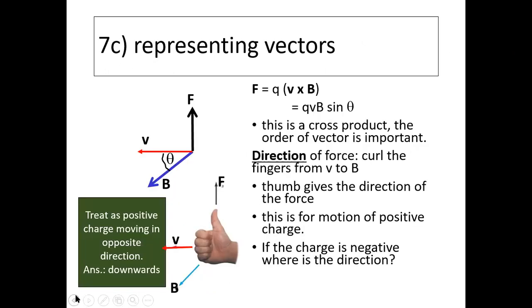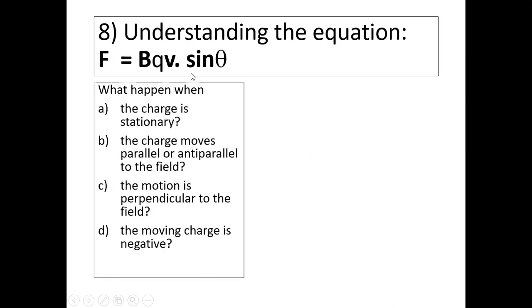Okay, let's test your understanding of this formula. When the charge is stationary, what happened? You put a stationary charge in a magnetic field, what would happen? Your V is 0.